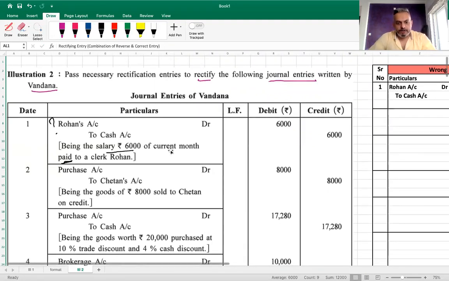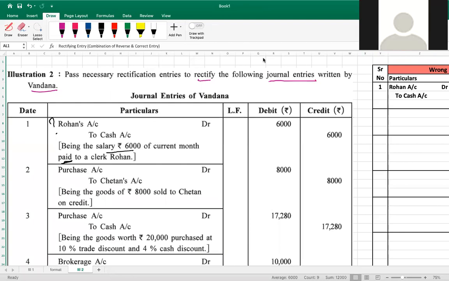purchase account debit to Chetan account being goods of rupees 8,000 sold to Chetan on credit. Now, what's the correct entry over here?